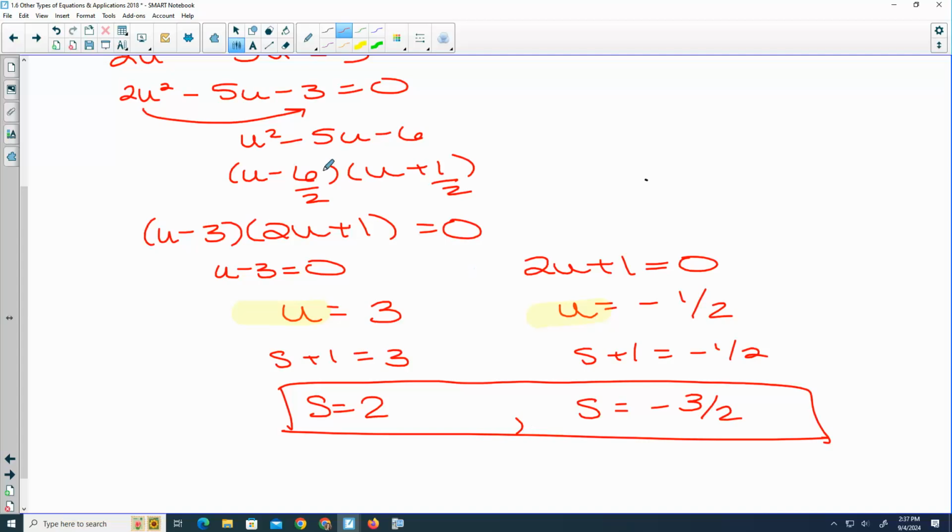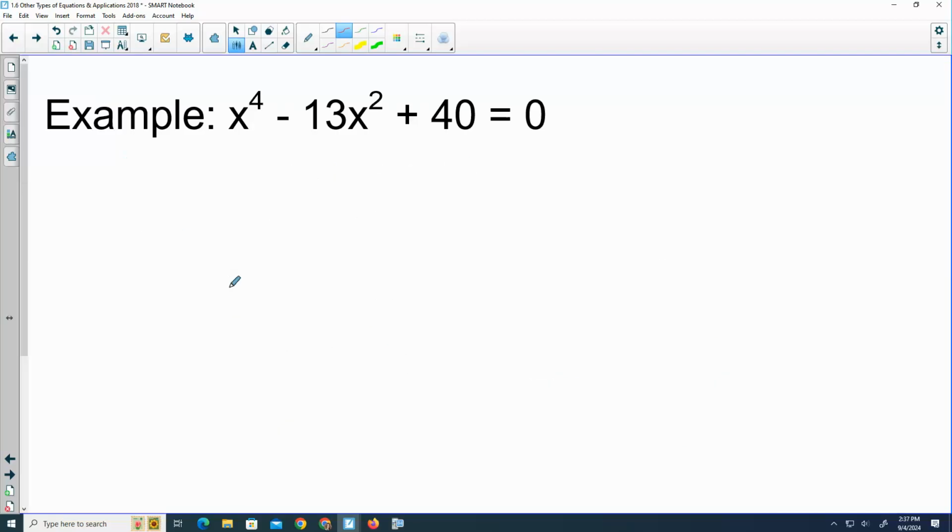Final example of the day. Is this a true quadratic?